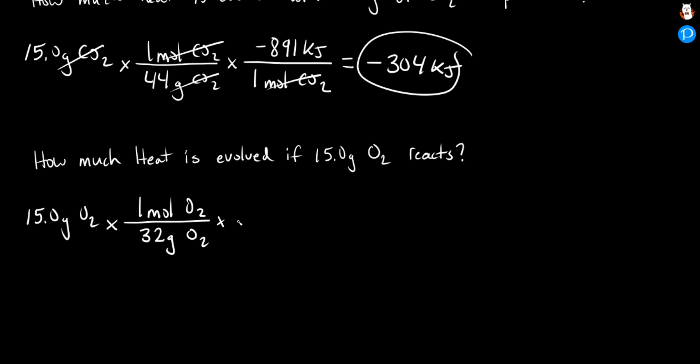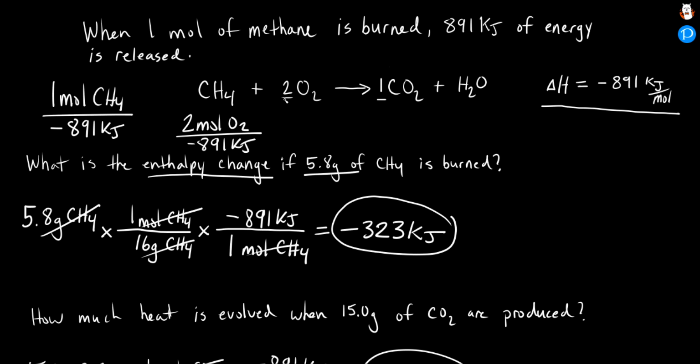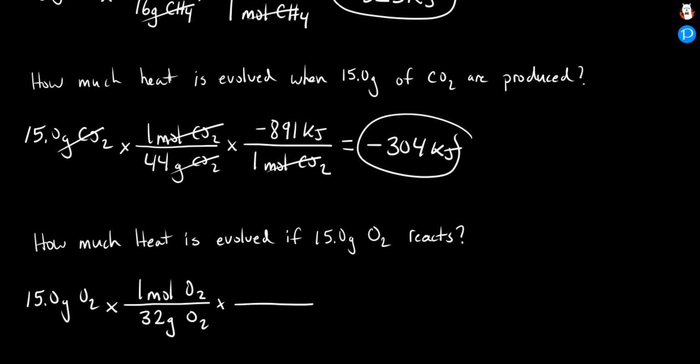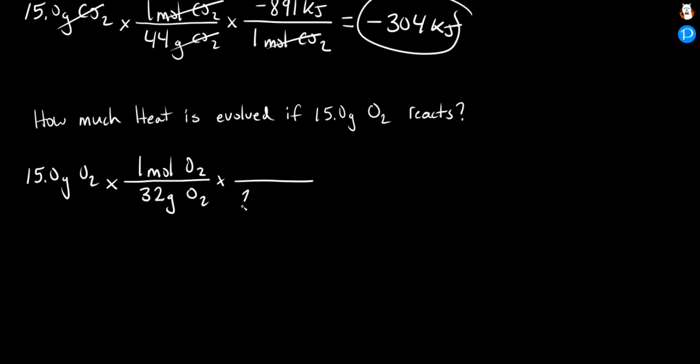And now for the one thing with this, though, in the balanced equation there, we have 2 moles of O2 that are being used up for every negative 891. So I just want to make sure I plug that in. 2 moles of O2 for every 891 kilojoules of energy.